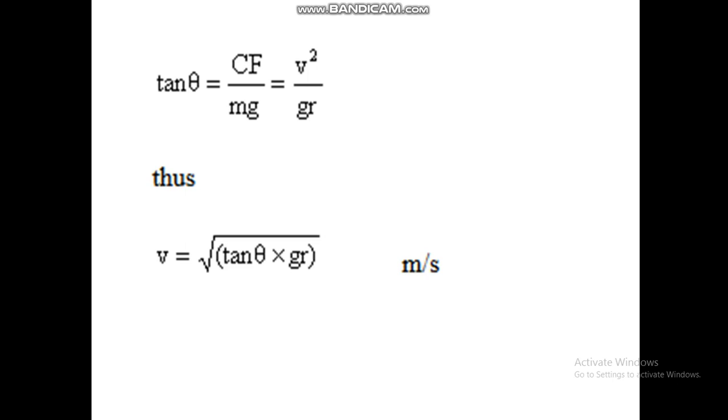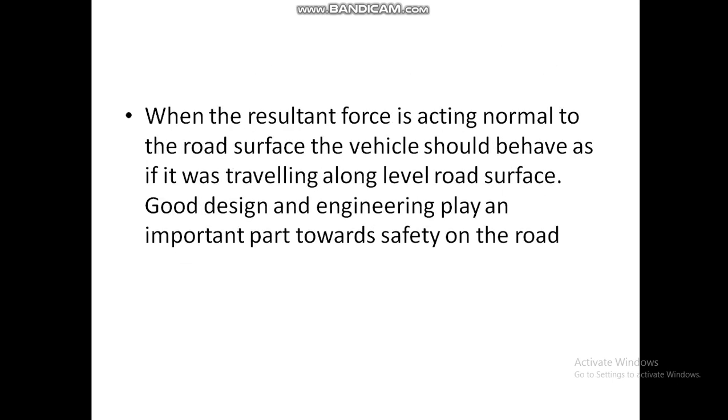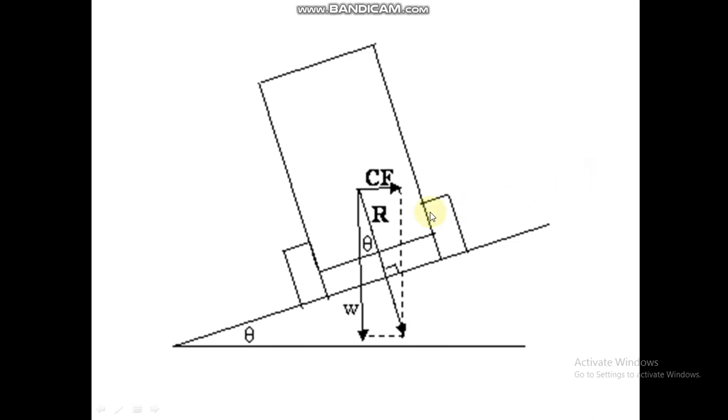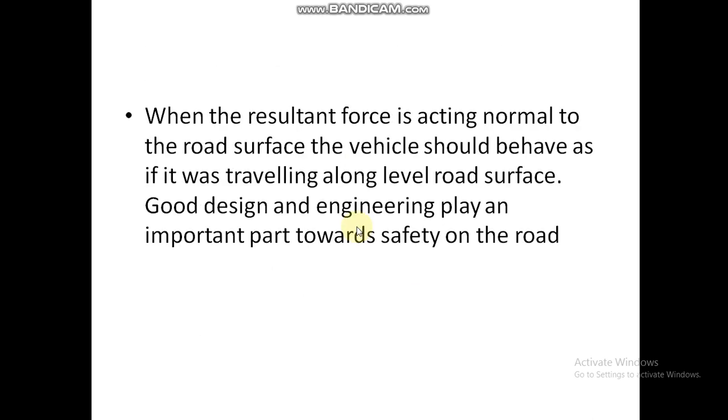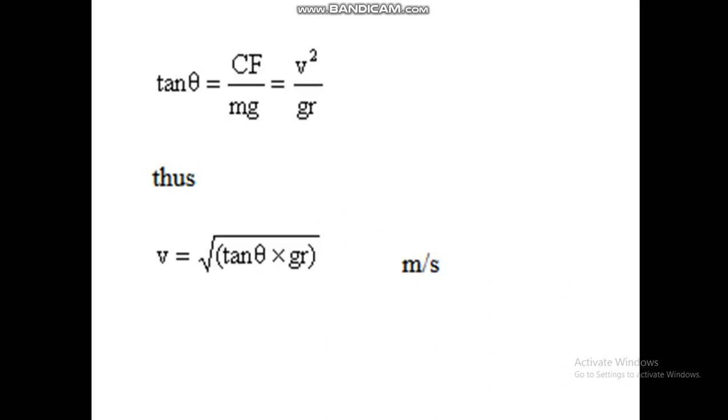Now from this diagram, we have to calculate the angle theta. We see this triangle. This vertical side is W, this horizontal side is CF, and this hypotenuse is R. We apply the formula for tan theta, which is opposite side upon adjacent side.